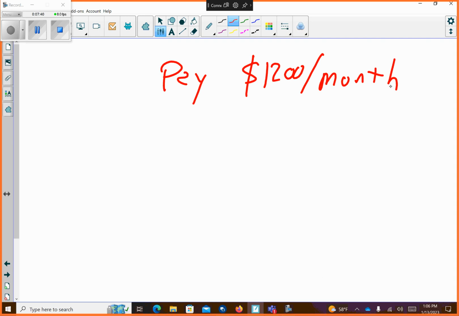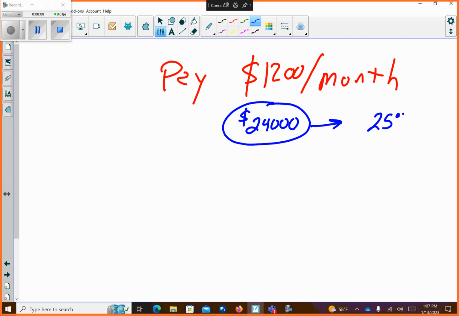Okay, and this could be a realistic thing. We're talking about $24,000 a year that you're paying to have insurance. But here's the side note. So you're paying $1,200 a month. So you're dropping $24,000 a year of your money. But the benefit of you paying this much money means that every time you go to the doctor or any appointment you might have, you're just going to pay $25.